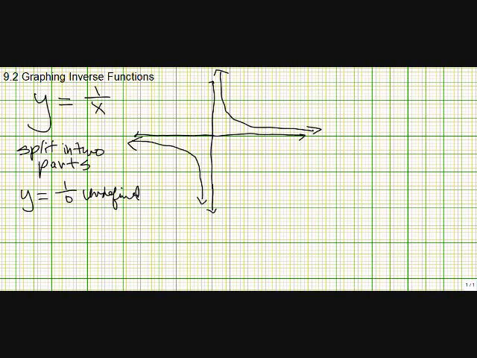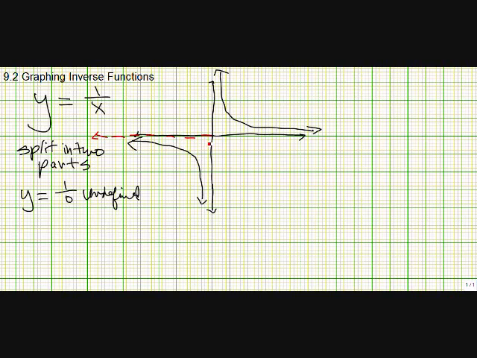Now we have what are called asymptotes. And as this part of the graph in quadrant 3, the lower left, as the x's get more and more negative, the graph gets closer and closer to the x-axis, but it never touches it. Never goes over. Never touches that axis.